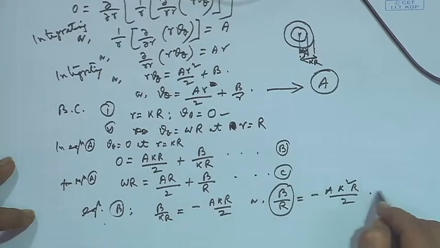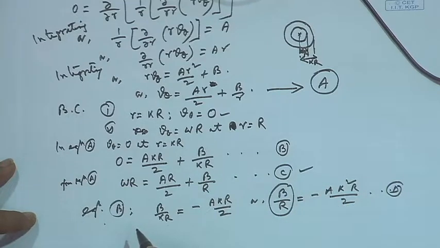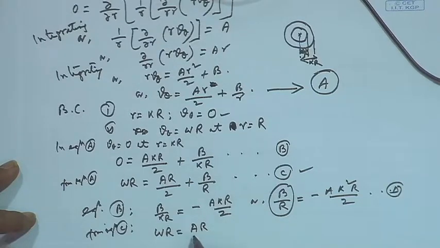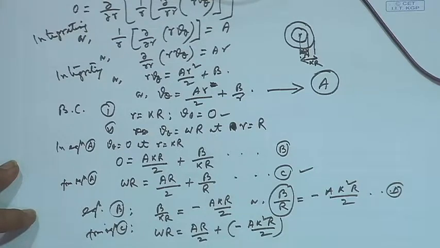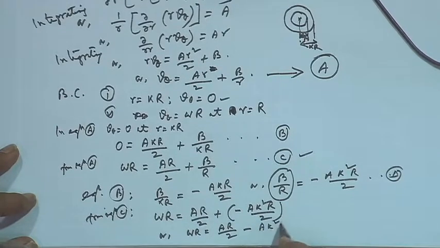So, if we substitute this b by R into C, we can write from equation C that omega R is equal to a R by 2 plus b by R, which has become minus a k square R by 2, or we can write omega R is equal to a R by 2 minus a k square R by 2.